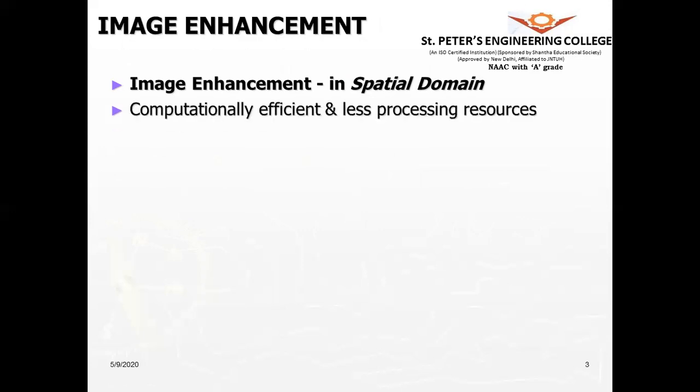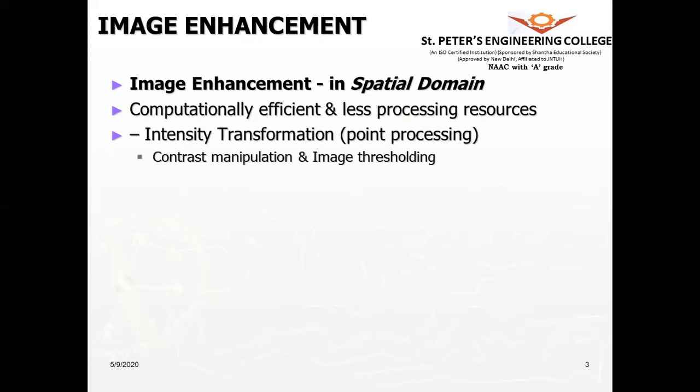In this session, we will be discussing first the spatial domain method of image enhancement. This is computationally efficient and requires less processing because you are not going to convert it into a transform and then back.